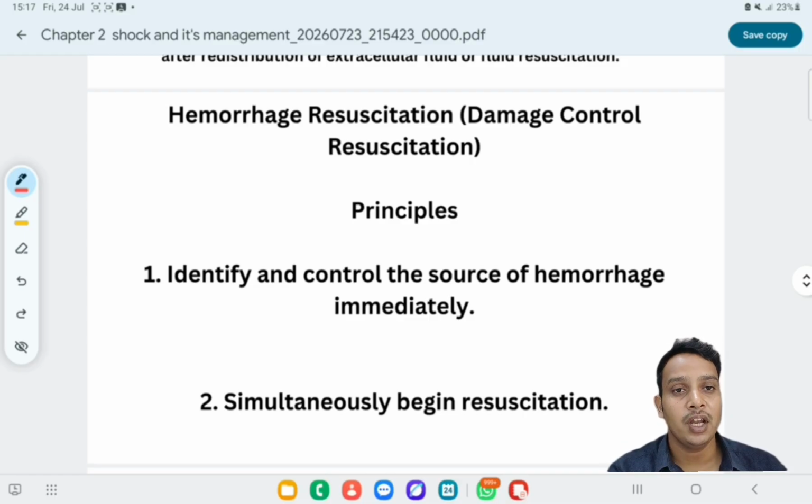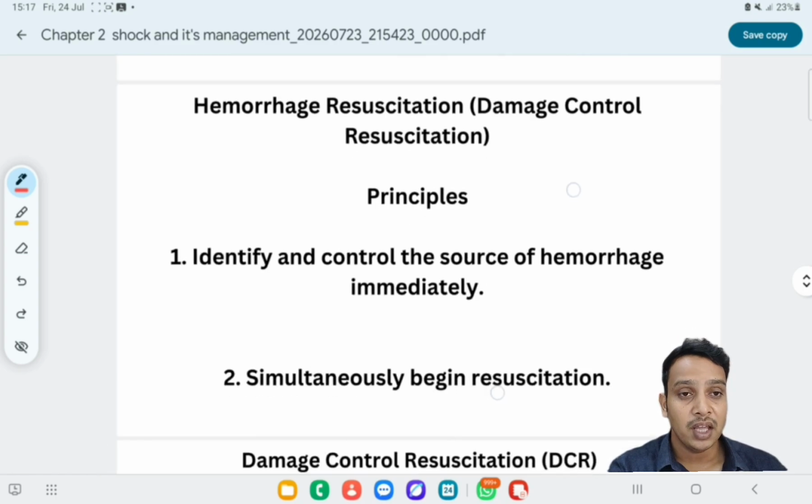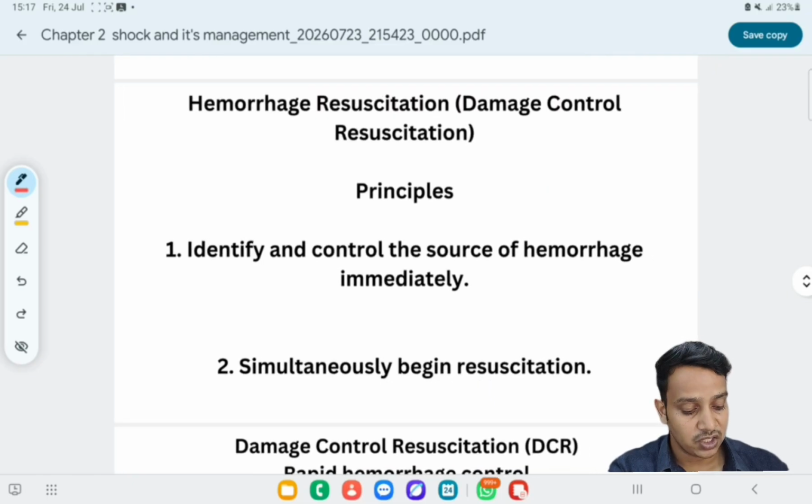If the patient is bleeding peripherally and you are infusing fluids or blood, there is no value in this kind of management. So damage control resuscitation tells us to first identify and control the source of hemorrhage immediately, then go for simultaneous resuscitation.